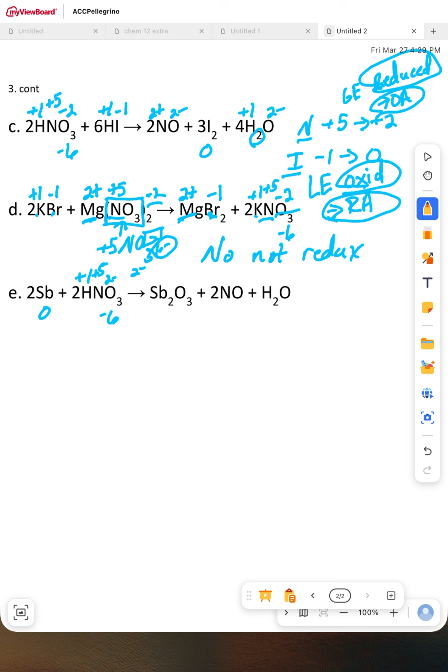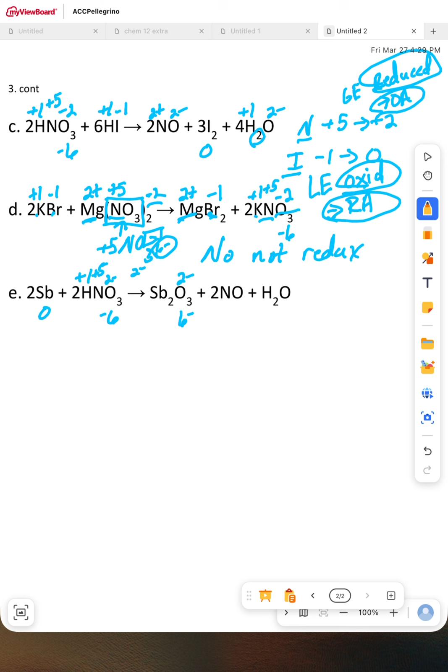Okay, on the product side, now our antimony is in a molecule. So it's over here with oxygen, so we're going to use our oxygen rule with our oxygen being 2-. That makes that 6-.